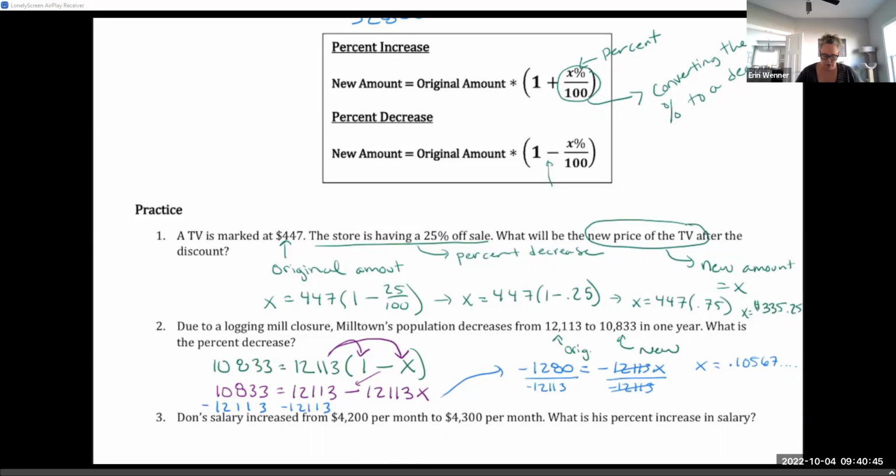So with these, when you're solving for the percent, you still have to multiply by 100 to convert that decimal number to a percentage. Multiplying this gives us 10.567%. In your homework, it'll tell you how many decimal places to round to, right? So we're going to round to 2 decimal places, giving us 10.57%. That is what the population decreased by.